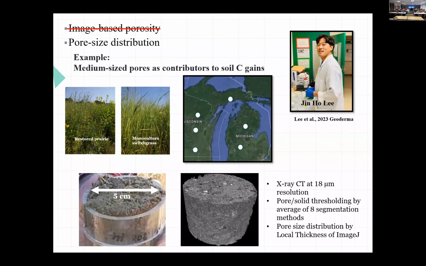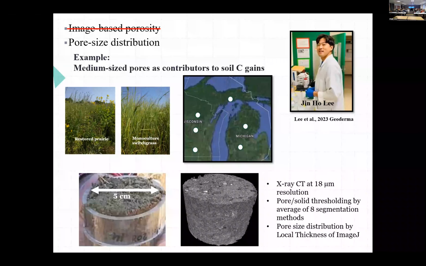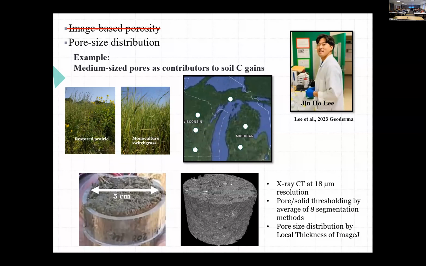At every site, there is an experiment with replicated systems for restored prairie and monoculture switchgrass. At those replicated plots, he collected intact soil cores, 5 centimeters in diameter, and subjected them to scanning.